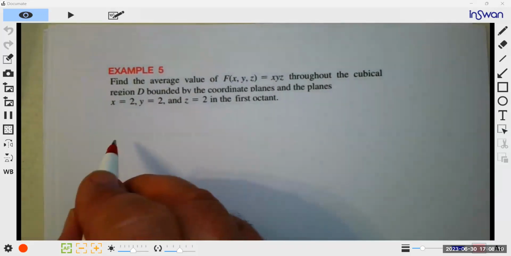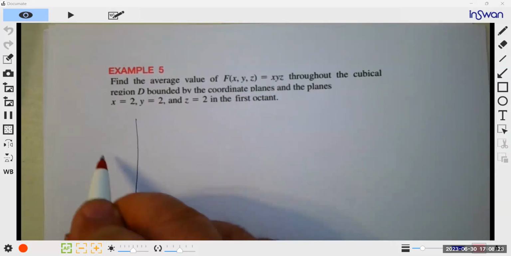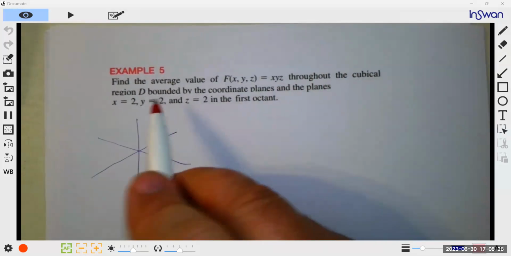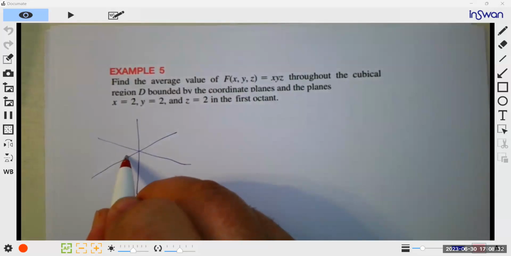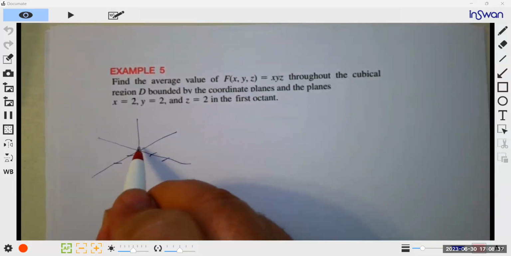And here's this example. So let's draw the picture. It's a cube. D is the region bounded by the coordinate planes, x equals 2, y equals 2, and z equals 2.